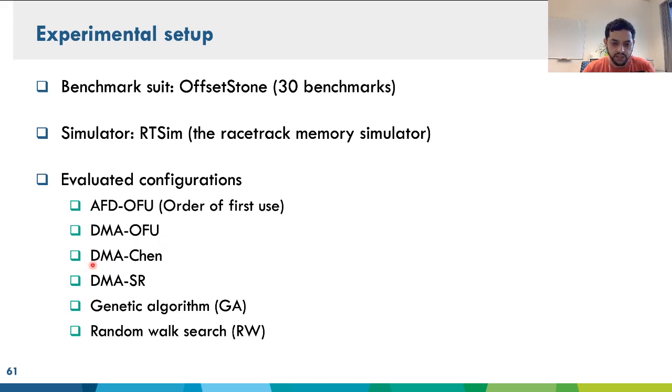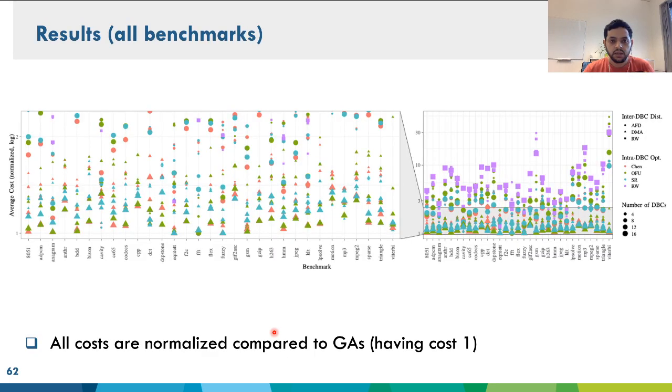Then we take DMA, the disjoint memory access, with the chain intra-DBC optimization, and DMA with shift reduce intra-DBC optimization. We formulated a genetic algorithm to see how far the heuristics are from the genetic algorithm, which is supposed to be closer to optimal, and we evaluated a random walk.